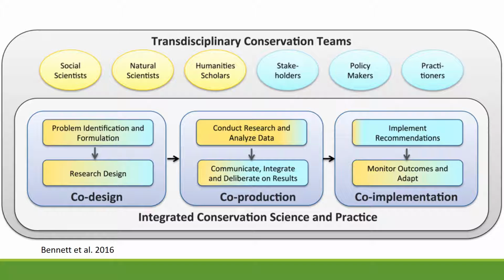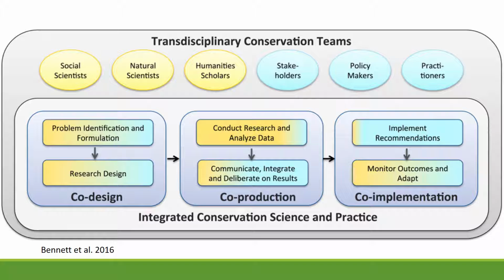We next go on to co-implementation. You'll notice here that the implement recommendations is largely blue, which means the stakeholders, policymakers, and practitioners are taking the lead. However, that does not mean that the scientists and scholars are not involved, as you can see a sliver of yellow. We next go into a fully split approach between the monitor outcomes and adaptations.